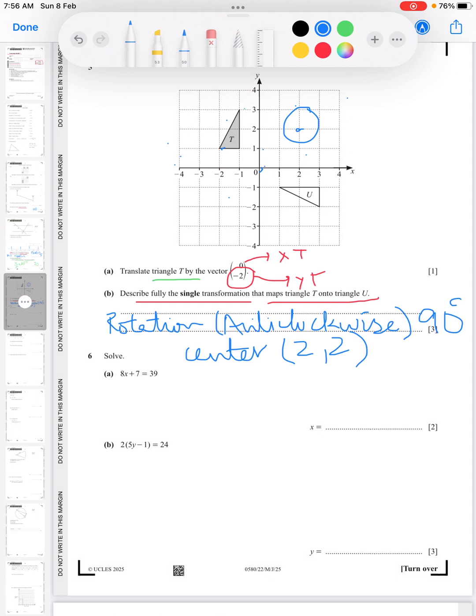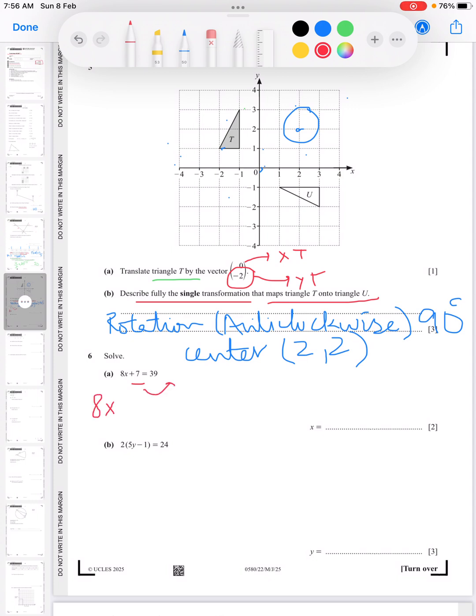Now solve question number 6. 8x plus 7 equals 39. We want the answer for x, right? On the left hand side we have 7 with 8x, and we don't want it there. Here it is adding, so when it goes to the other side it will subtract.